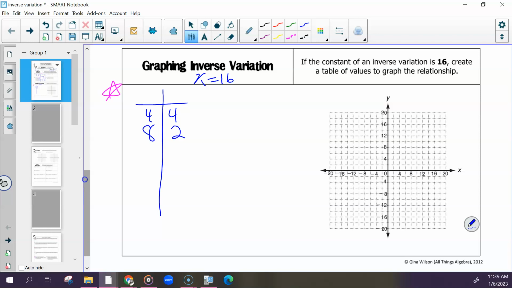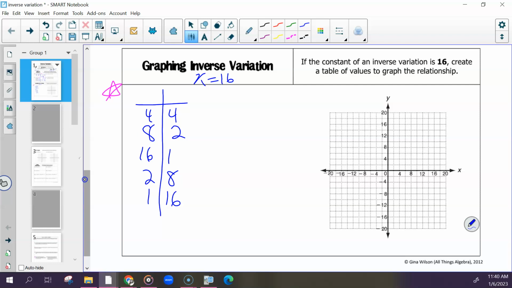What else? And then because we're going to be graphing these, we can also say the flipped version of these, so 2 and 8 and 1 and 16, even though they still give us the same thing. So we're going to graph these.